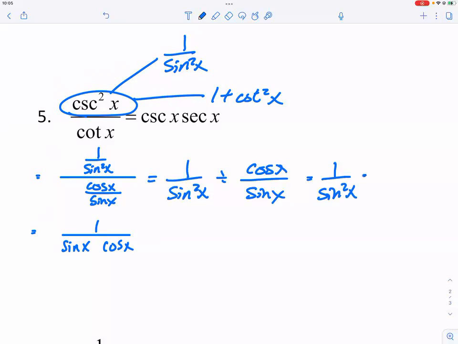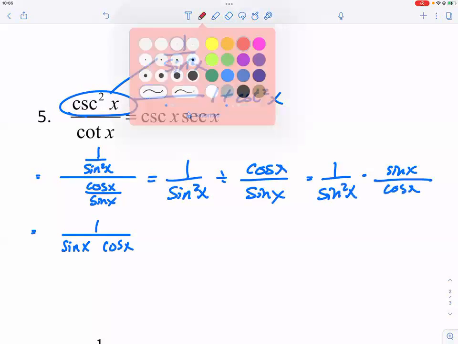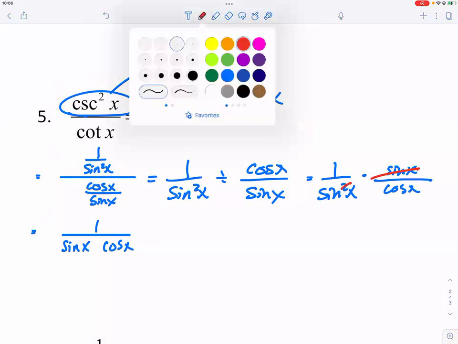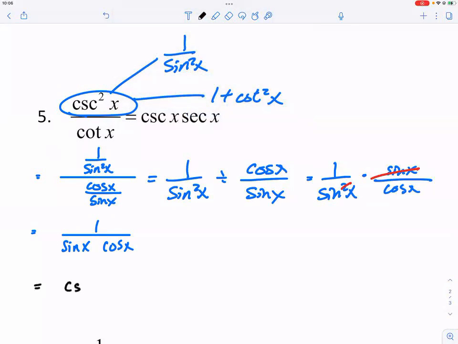We are not learning anything new. We're just having a little renaissance here, going back to old days. Now you can see the fraction not as a complex fraction. And now can you see how it is 1 over sine x cosine x, because of the cancellation here? And if you have this, then you will have cosecant x times secant x.